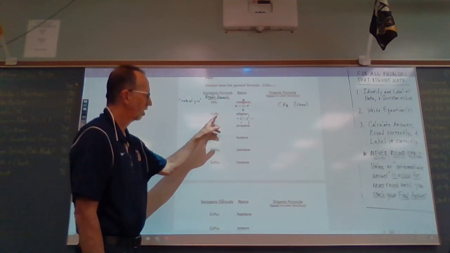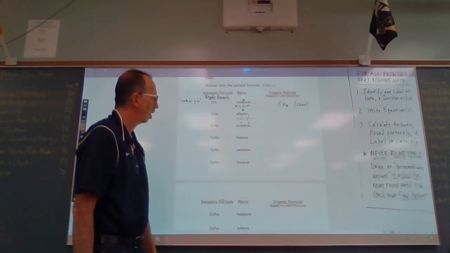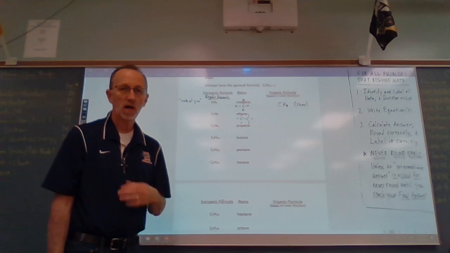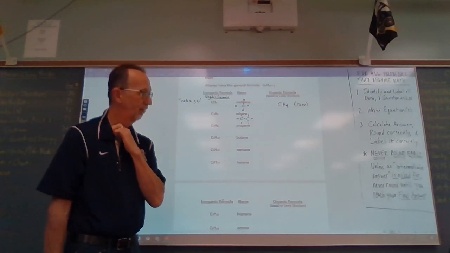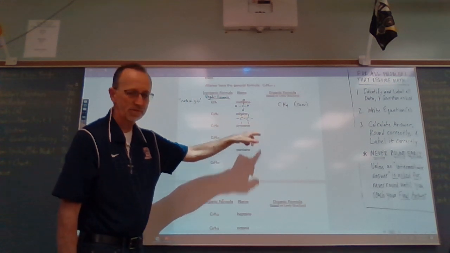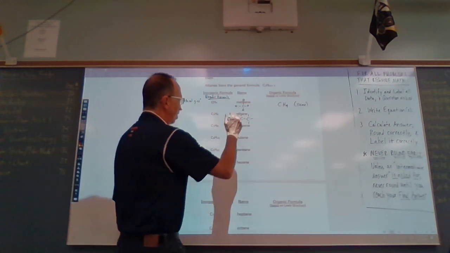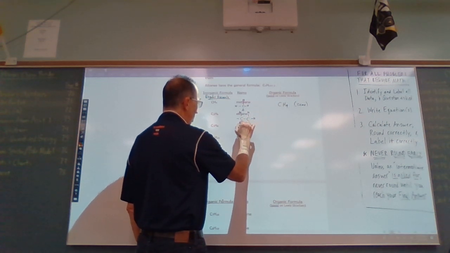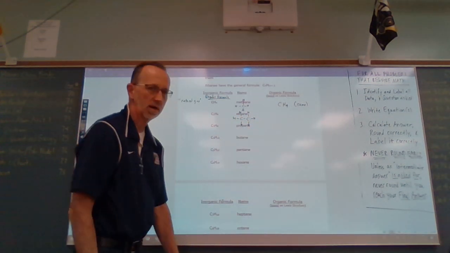So the regular formula for ethane is C2H6. But now our organic formula, we draw a little differently. And it's based off of this Lewis structure right here. These are all hydrogens, of course. I'll put them in there, but we're not going to put them all in there for all of these. So those are all hydrogens, all right?